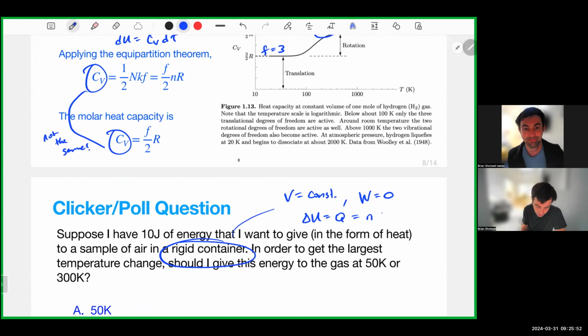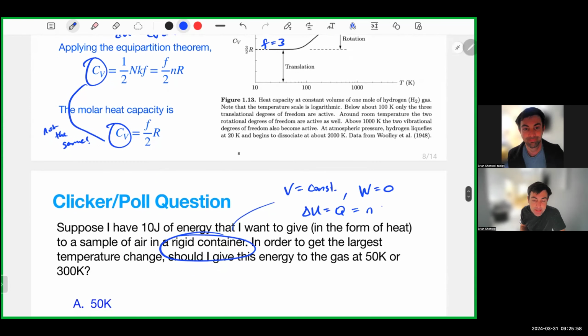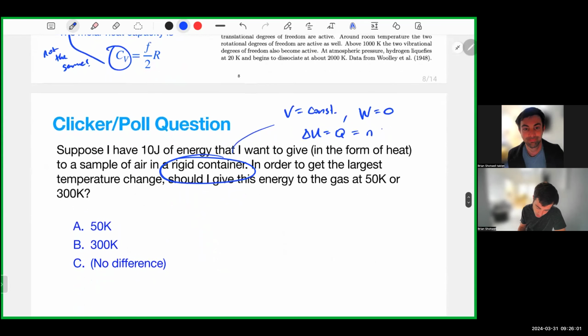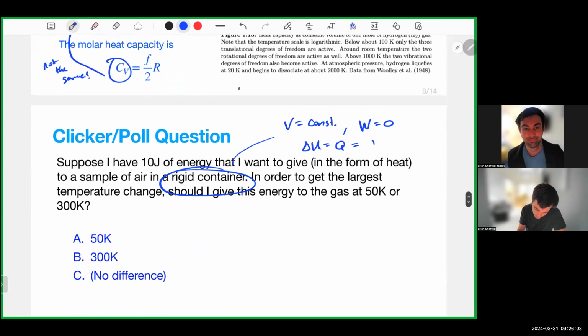You have to look at the other side of the equation to see whether it depends on how big the system is, whether it's extensive or intensive. So I'm going to write this one this way, CV delta T. Because there's no n hanging around on this side of the equation, we can see that this CV is the extensive heat capacity. It will depend on how big our sample is, how many moles of gas we have.